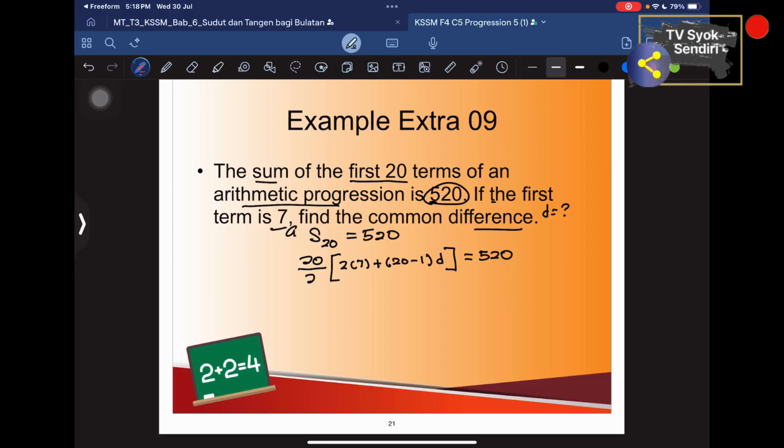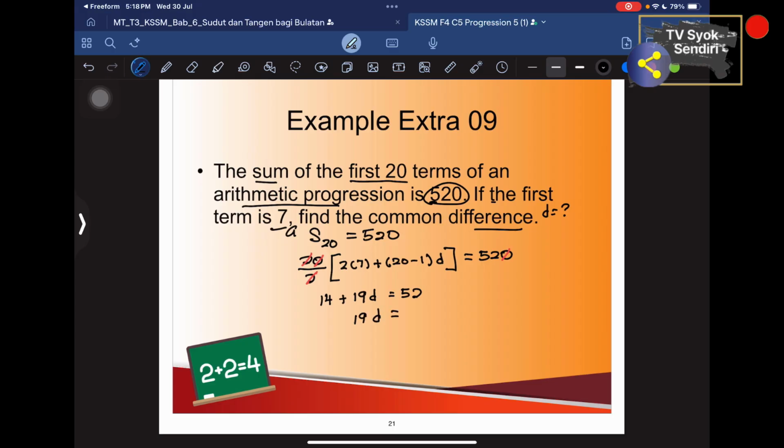I don't like to use a calculator, so just allow me to cancel things. I see the 2 and 2, I'm going to cancel. I see the 0 and 0, I'm going to cancel. So this is how I simplify the items here. Now inside I have 14 plus 19d equal to 52.